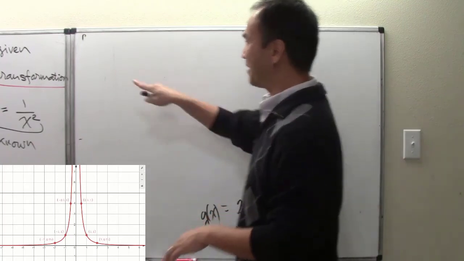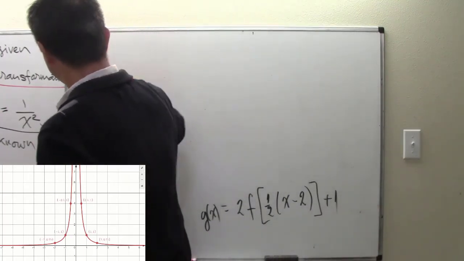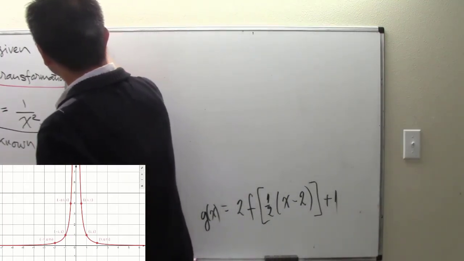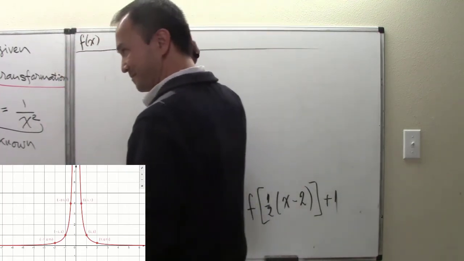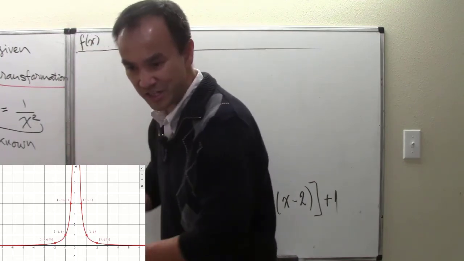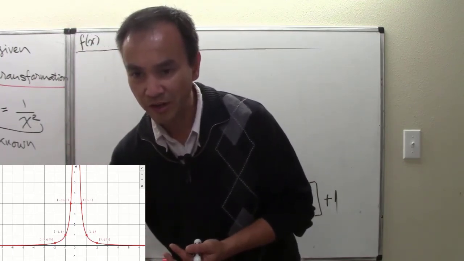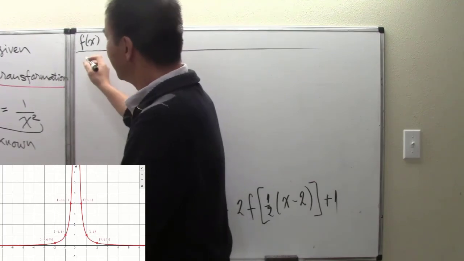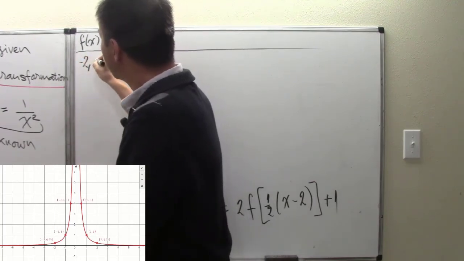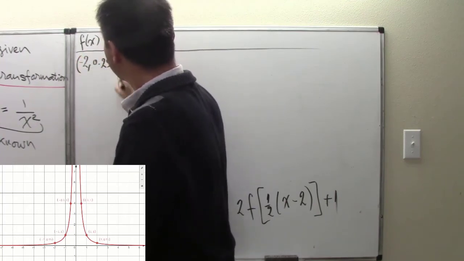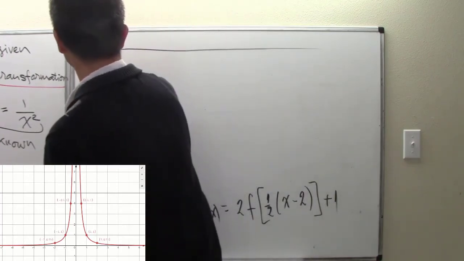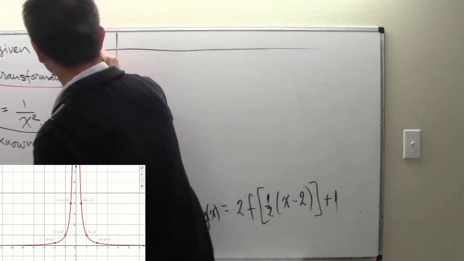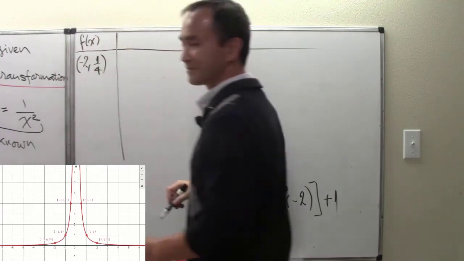All right, so now, here f of x. The first point I'm seeing on my graph that's currently showing is -2, 0.25, or 1/4. I actually highly recommend using fractions.